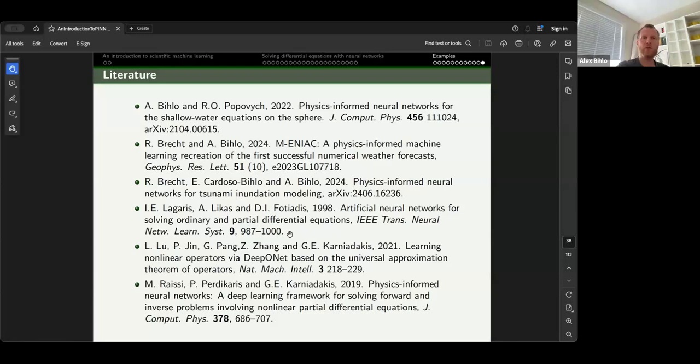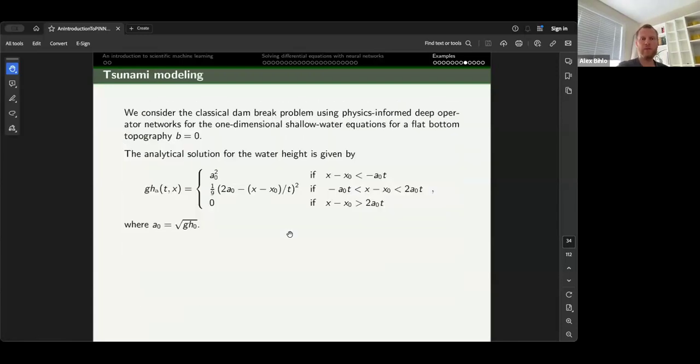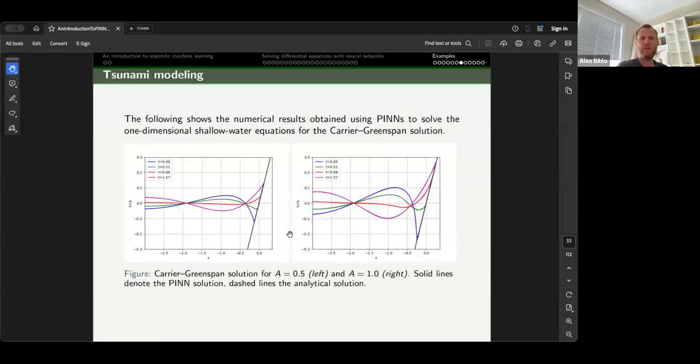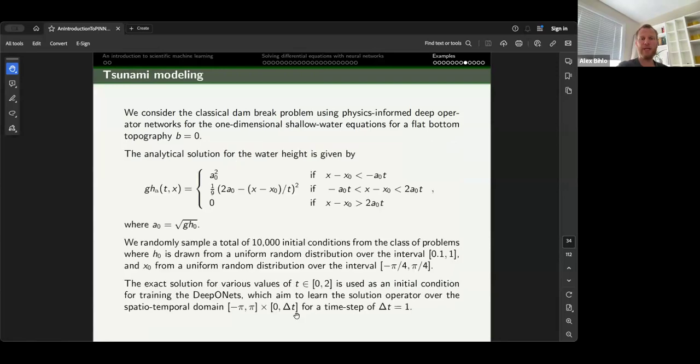So let me share this again quickly. So yes, the question was, for this particular problem I train it from 0 to 1, so I can evaluate my solution everywhere between 0 and 1. But how can I then do time stepping with this?